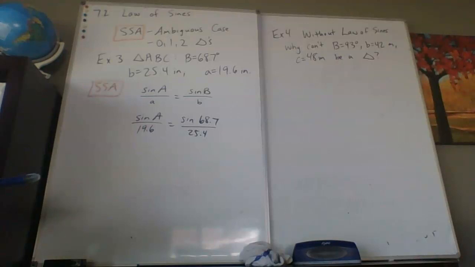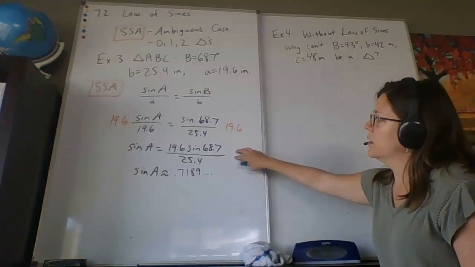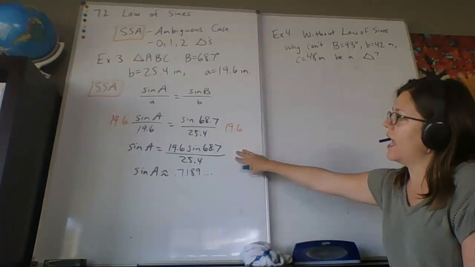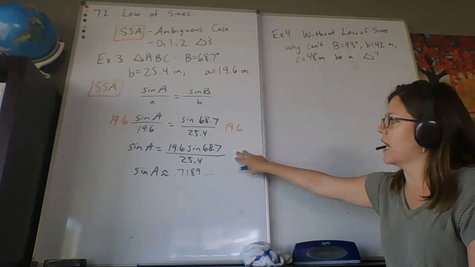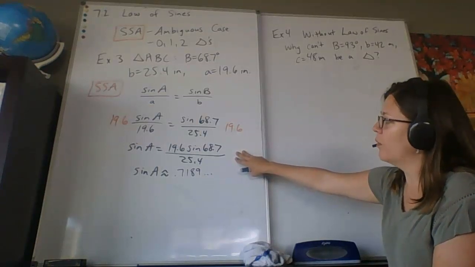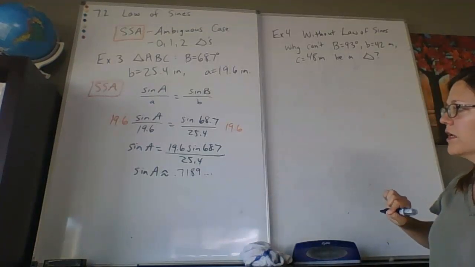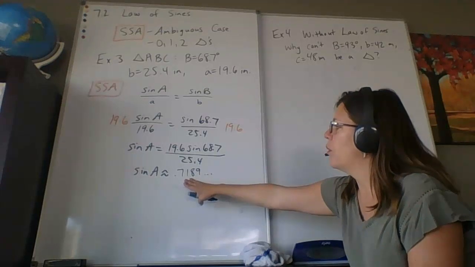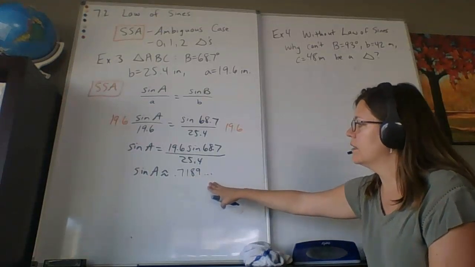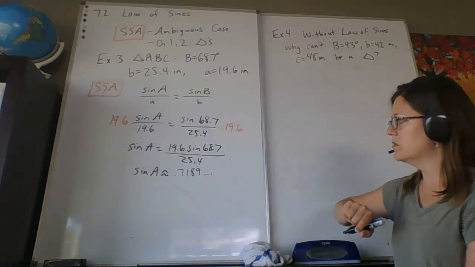Solving for sine of A, either by cross multiplying or by multiplying both sides by 19.6, we get sine of A equals 19.6 sine 68.7, all divided by 25.4. Putting this right-hand side into our calculator gives us approximately 0.7189. Since this is between -1 and 1, we know we'll get at least one solution.